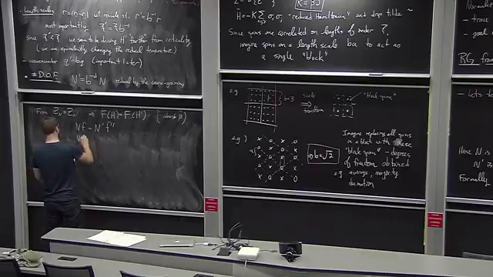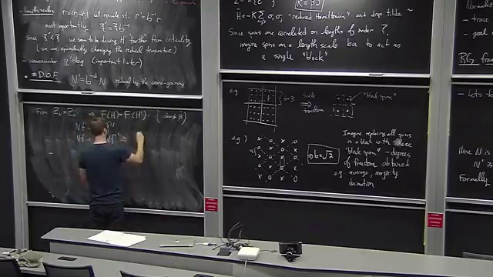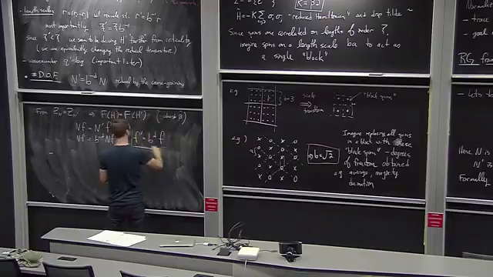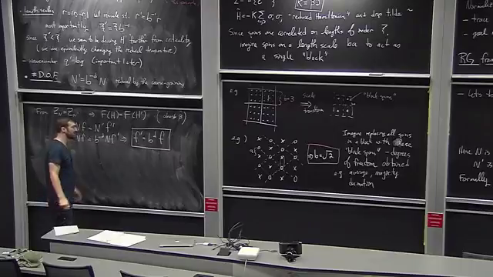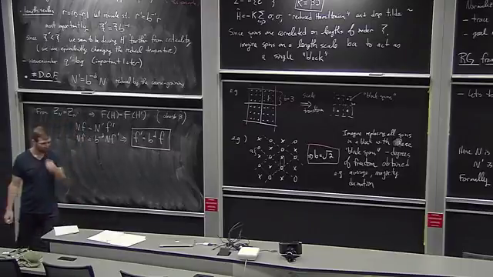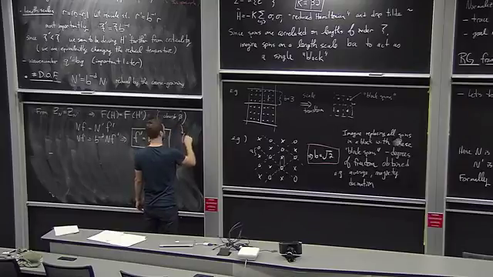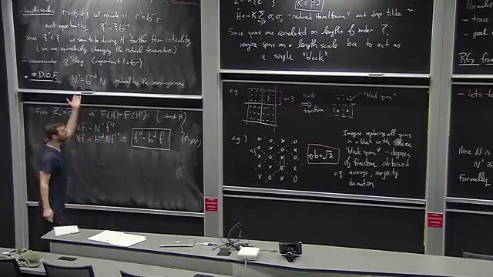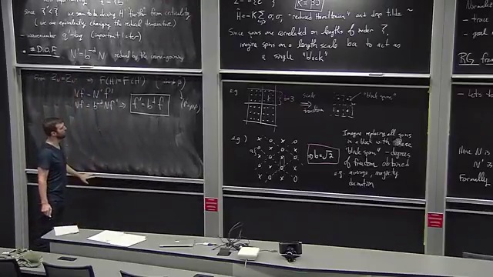Okay, so the free energy density, where I've just called beta f, f, scales like B to the d.